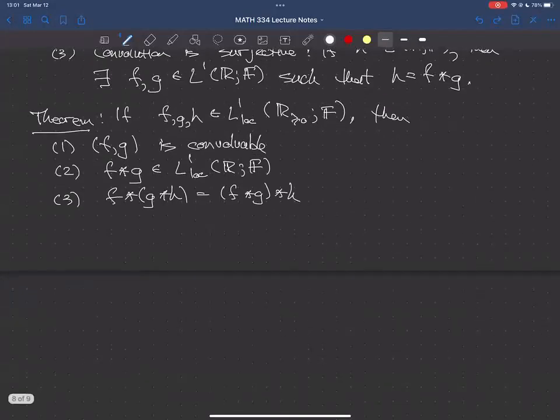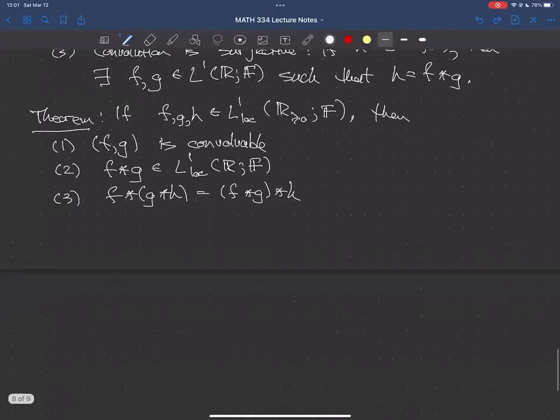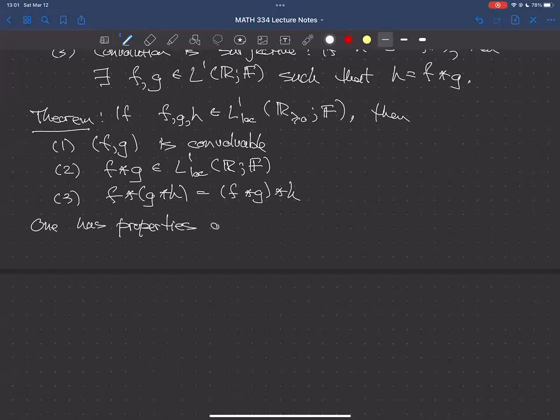So let me say that without rewriting all of the stuff that I wrote already. One has properties analogous to 1 and 3 for L1 above.